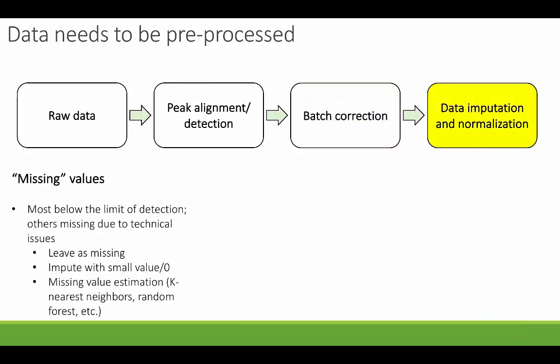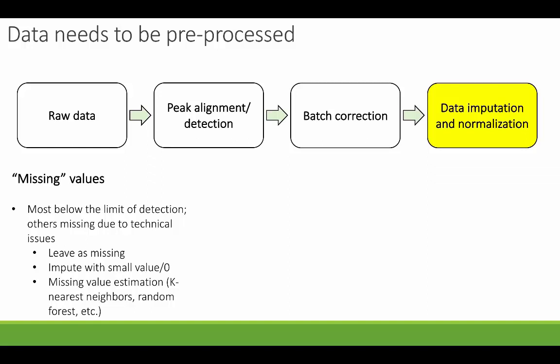And finally, there are a series of imputation and normalization steps that are going to vary from lab to lab. So it is very, very important that you understand what was done in the lab. The first is there's usually some sort of imputation for what are called missing values. These are values where the peak in that sample may have been below the level that could be reliably detected.